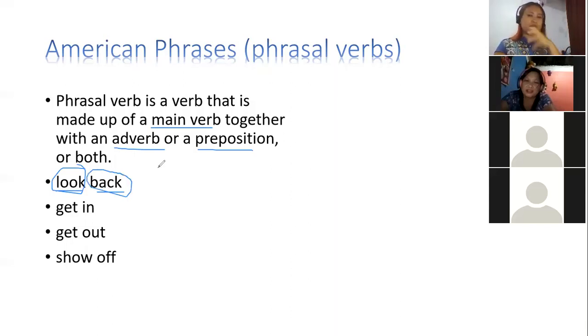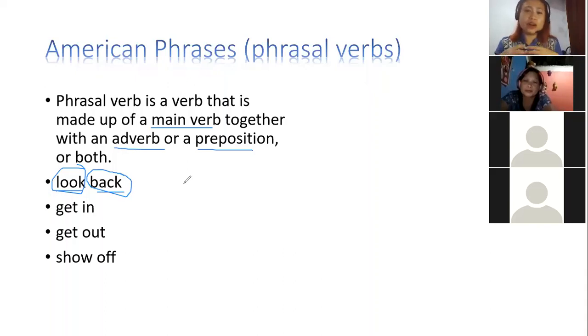Now, American people say, hey, Sheena, I want you to look back and try to tell me where I made a mistake, for example. Instead of saying remember, they say look back. Or instead of saying reminisce, they say look back.